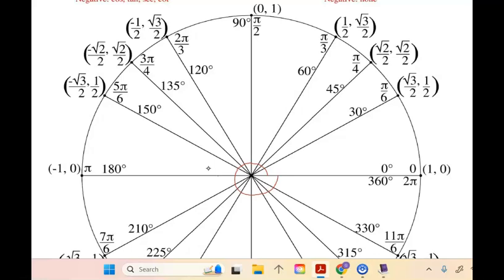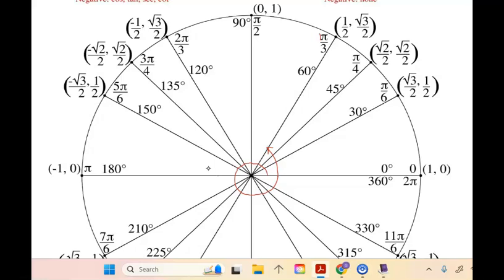This would be 2 pi. I just made a circle. And then 1/3 more would take me right here. Okay, when you see pi over 3, that's like saying 1/3 pi. All right, so I just sketched out 2 1/3 pi.